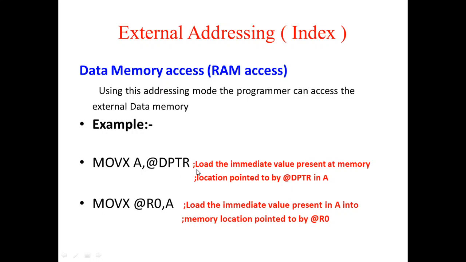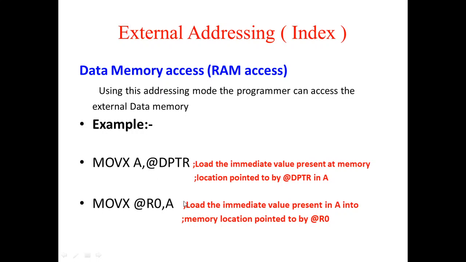Now my problem statement is: load the immediate value present at a memory location pointed by DPTR into the accumulator. Means I want to transfer data from external data memory to the accumulator, and that's why I write MOVX because it is external memory. MOVX A, @DPTR means I am transferring data from external data memory, which is pointed by DPTR, into the accumulator.